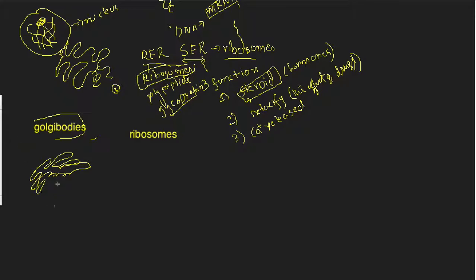Basically the Golgi bodies has a receiving side, this is called the receiving side, and a shipping side, this part.